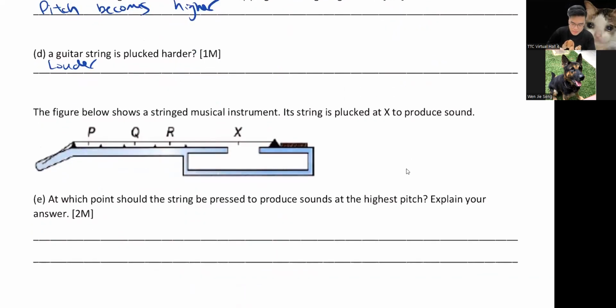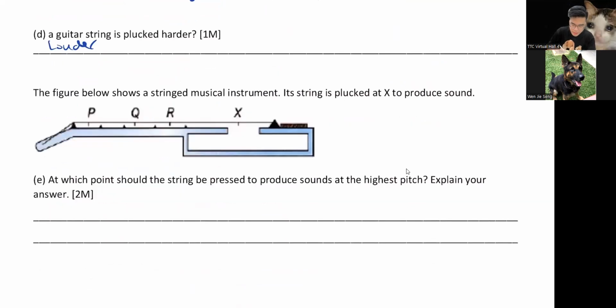The figure below shows a string musical instrument. This is a guitar. The string is plucked at X to produce a sound. This is how you strum. At which point should the string be pressed to produce a sound at the highest pitch? Same answer, your R. If you press it here, the string vibrates very quickly, whereas if you press it here, the string vibrates very slowly.